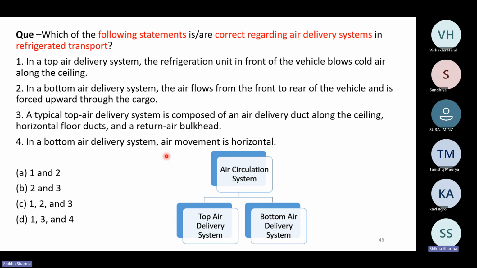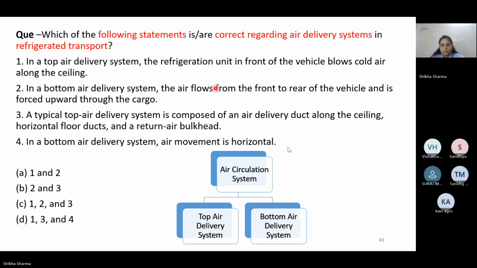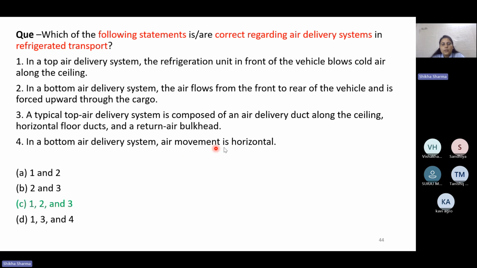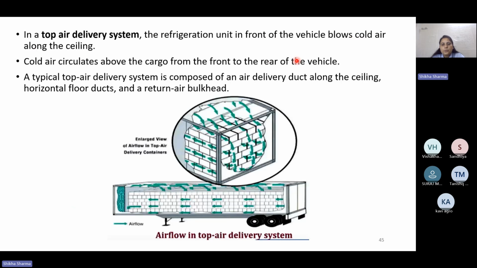Fourth: in a bottom air delivery system, air movement is horizontal. Option C, 1, 2, and 3 is correct.